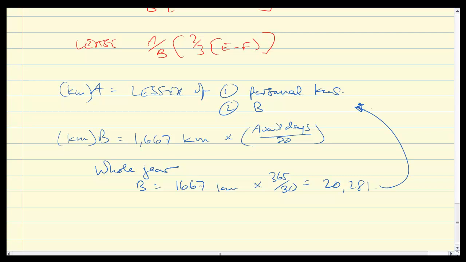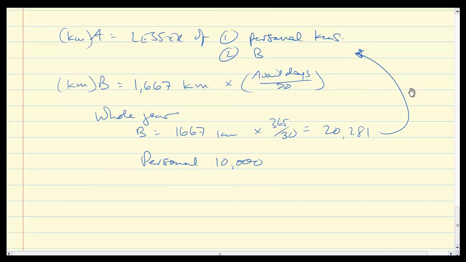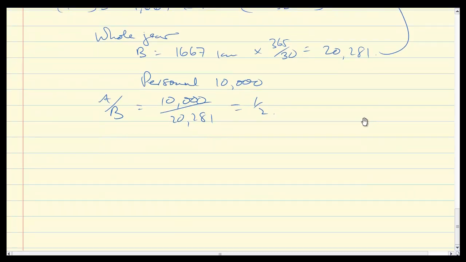So if your personal kilometers are less than that, so let's say they drive personal kilometers of 10,000, then this person's A over B is 10,000 over 20,000. Let's just call it a half, right? So they're going to pay a half.